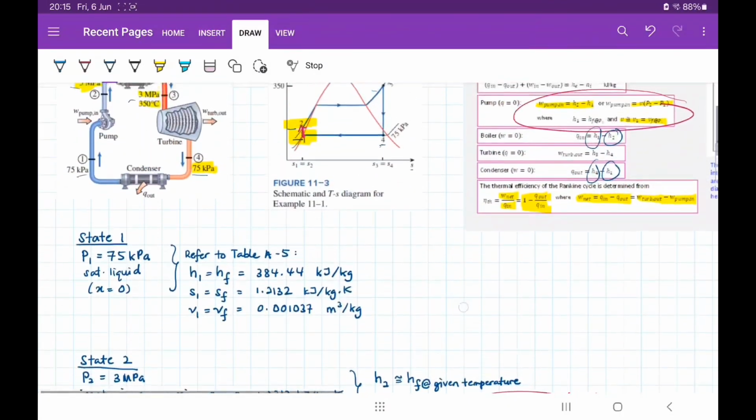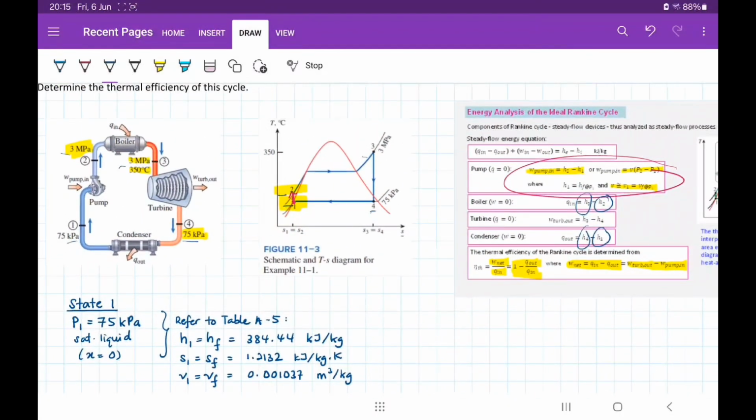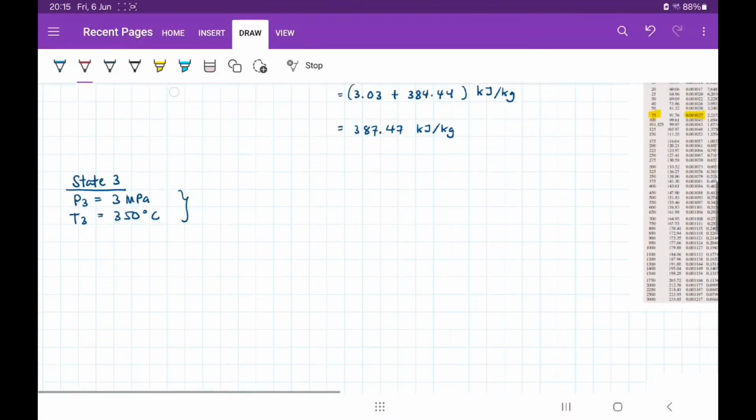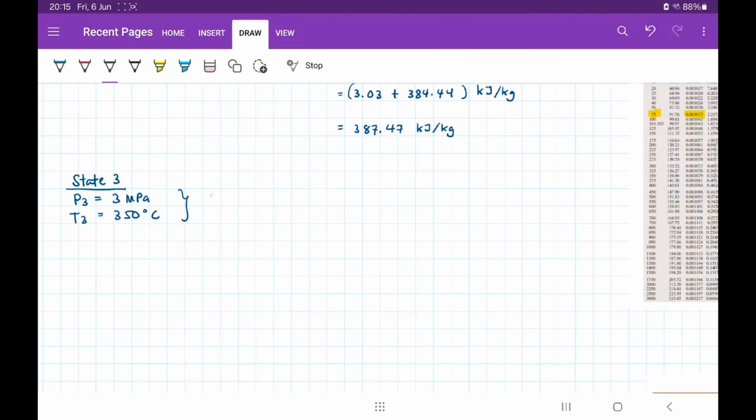When we refer to our temperature versus entropy diagram, we know that state 3 is here, so definitely the phase is superheated. If it's not given, you have to check to make sure it is really superheated. Since we know that it is superheated, we need to refer to table A6.